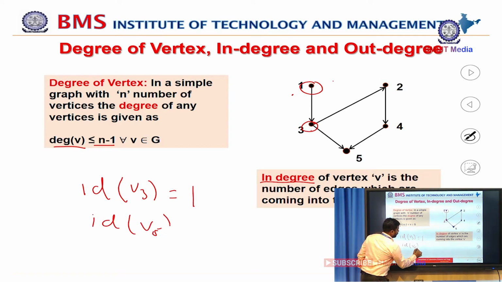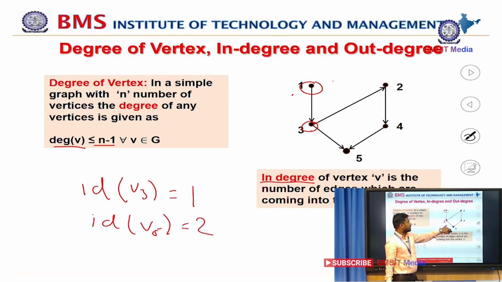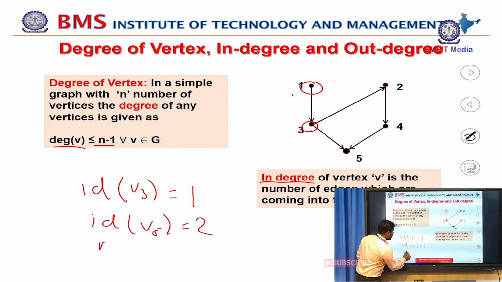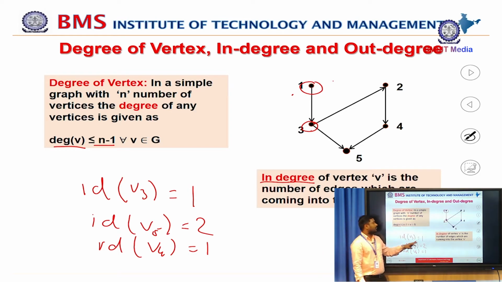The in degree of vertex V5 is 2, as you can see there are 2 edges coming to vertex 5. Similarly, the in degree of vertex V4 is 1. This is how we calculate the in degree. Now, let us see how we calculate the out degree.